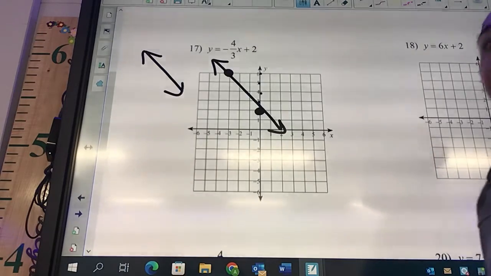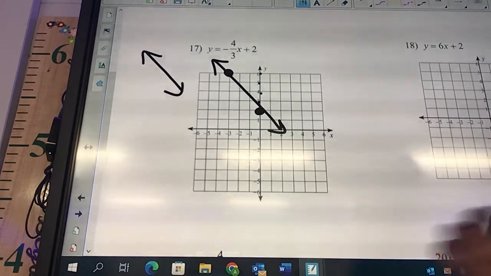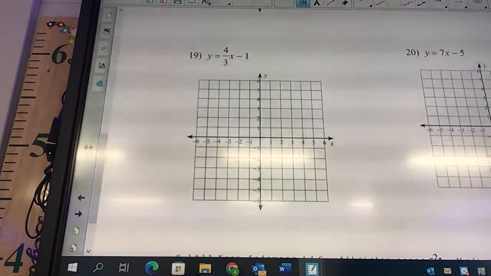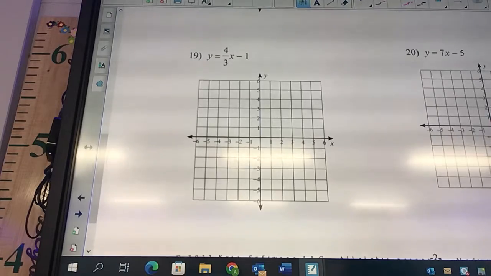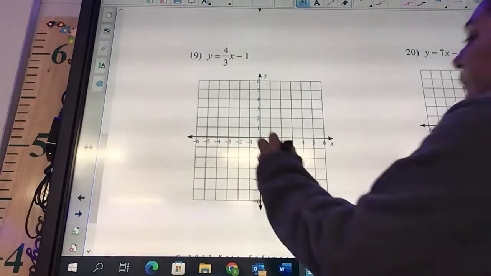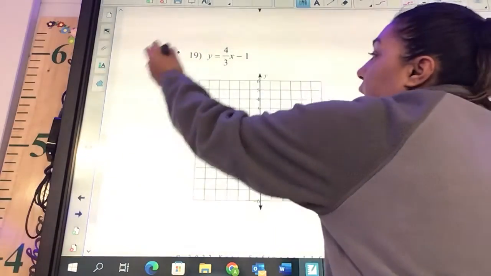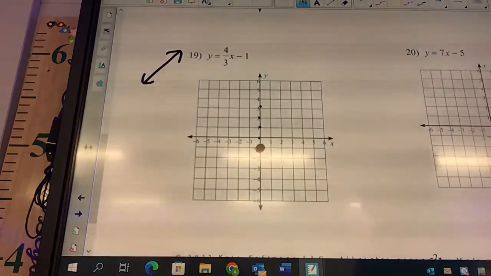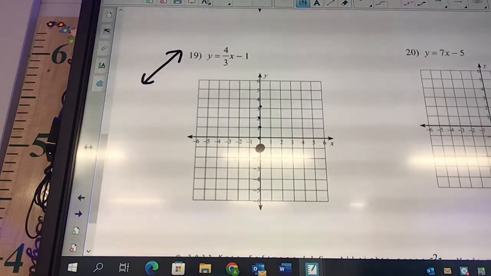Can I scroll? 19. Where does this graph start? -1. Okay, and this is a positive graph. We're going to go up 4, 1, 2, 3, 4, over 3. Which way? To the right 3.